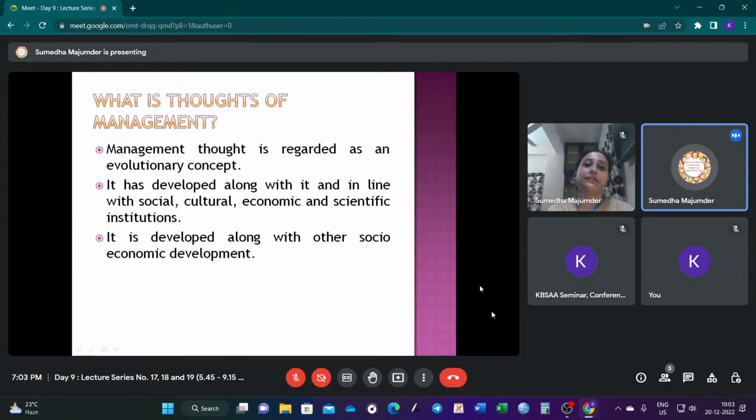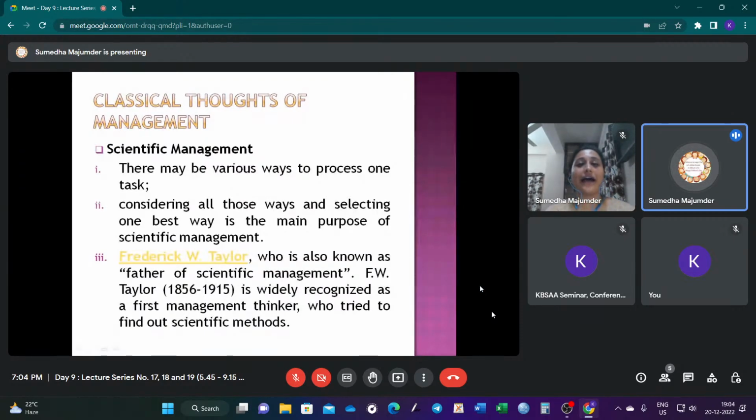That is why the school of thoughts of management consists of the perceptions of several authors. It is nothing but socio-cultural and economic changes, and accordingly business adapts to these changes. So as per our syllabus, first we have the classical thoughts of management.